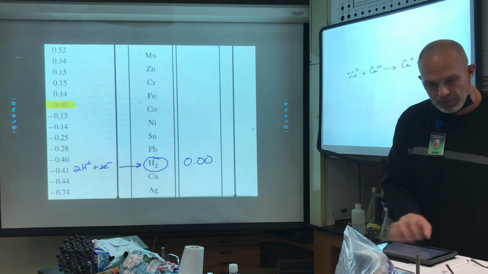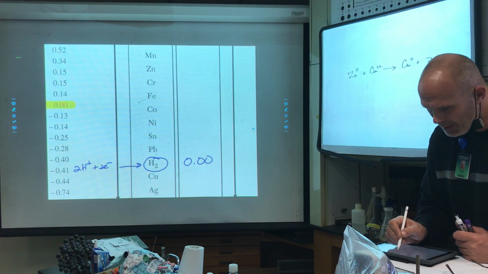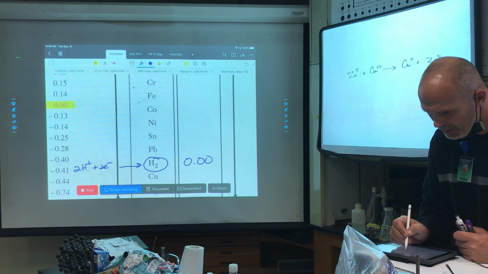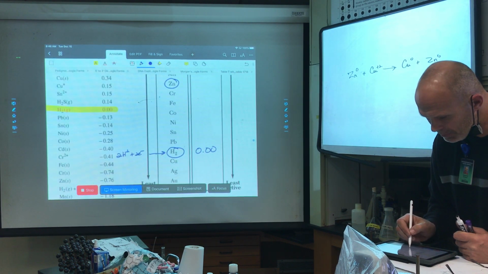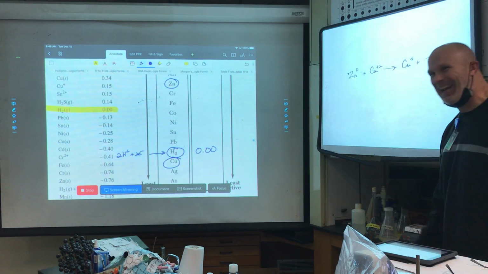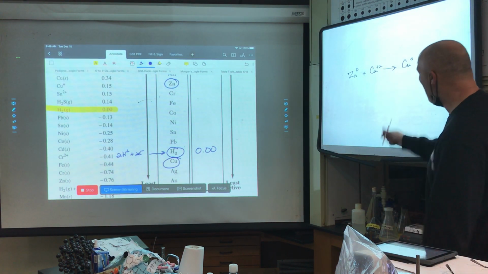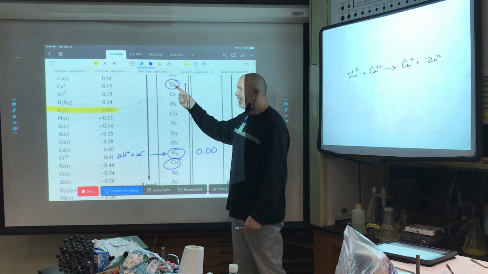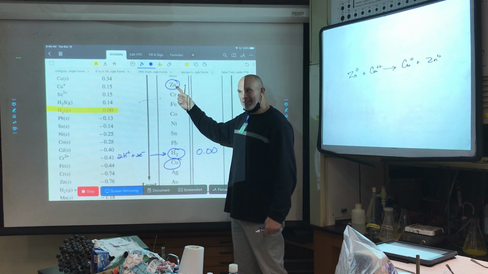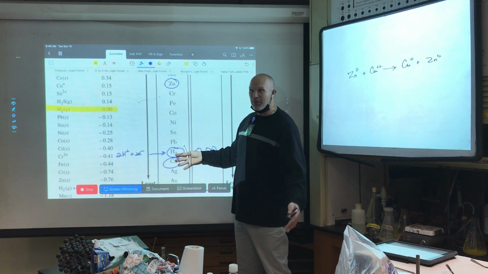This is my zinc. Is it above the copper? So this is spontaneous. Even though copper isn't reducing, the ion of copper is. So the highest one oxidizes, the ion of the other one reduces.